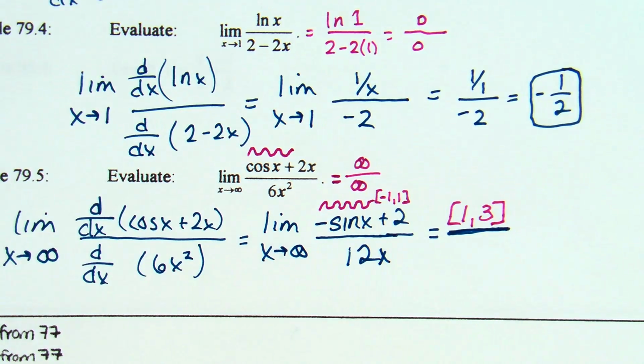Now, how we handle that depends on what our denominator does. What about our denominator? 12 times infinity is infinity. Okay. So what does a small finite value between 1 and 3 divided by infinity give?